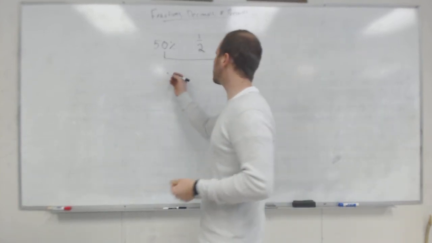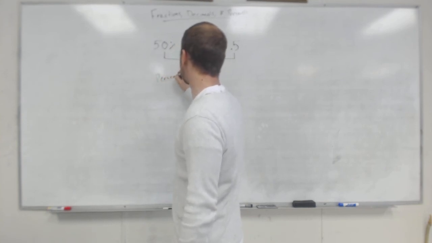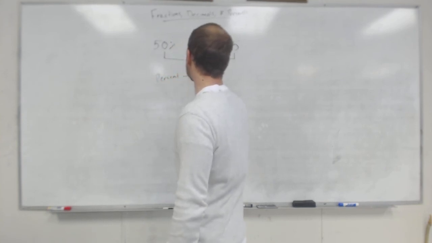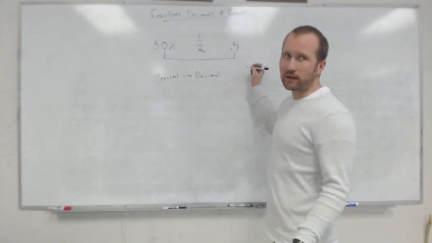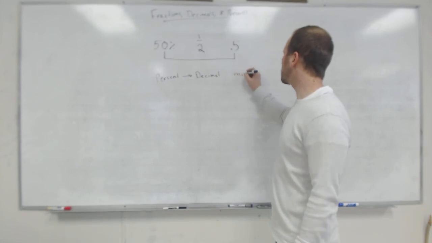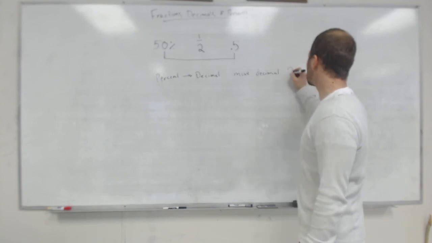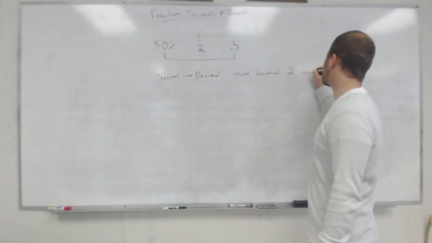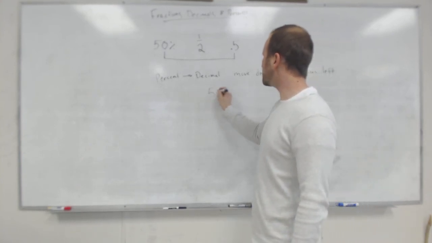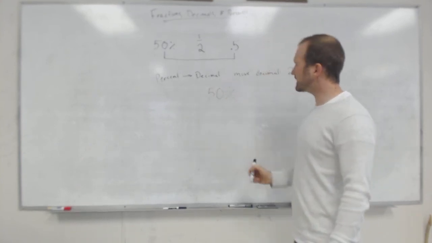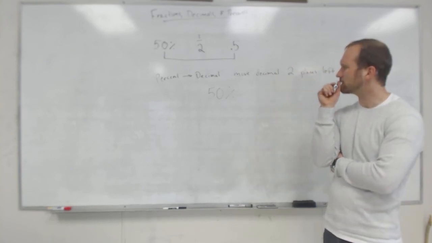So if I'm converting, traveling from a percent to a decimal, I only have to do one thing. I move the decimal 2 places left. So 50%, where's the decimal in 50? I don't see one.